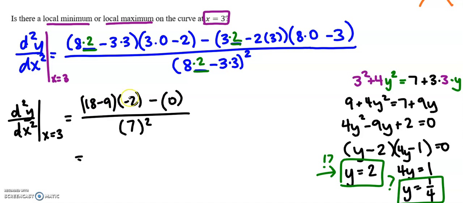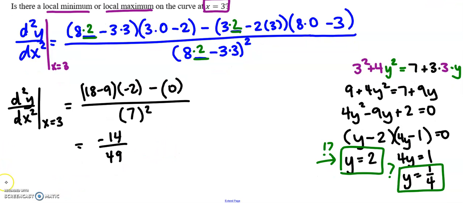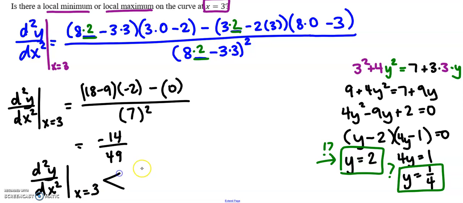So I'm going to end up with 7 times negative 2 is negative 14 over 49, which means that the second derivative at x equals 3 is less than 0.